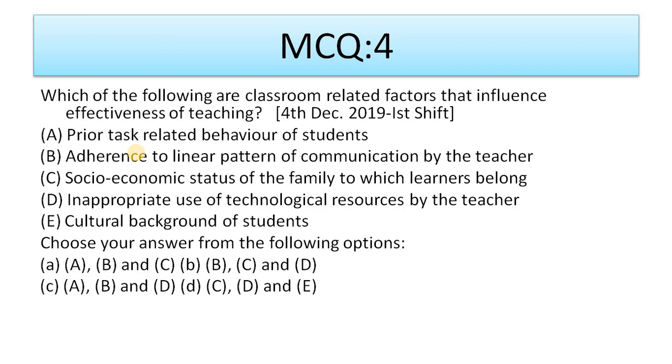So you have to eliminate option E. Only one option has carried option E, that is D. So D will not be. Then we have to select C also, because C also will not be. C says socio-economic status of the family, and it will not be a factor of effectiveness. Then obviously one option is left, that is C.